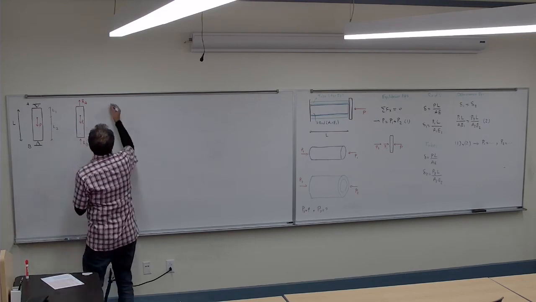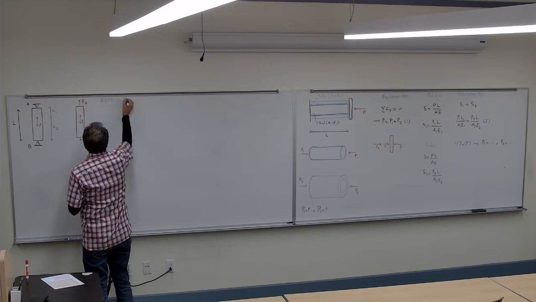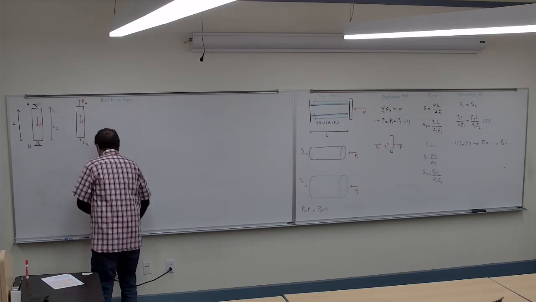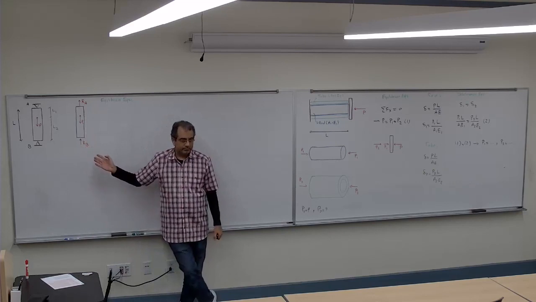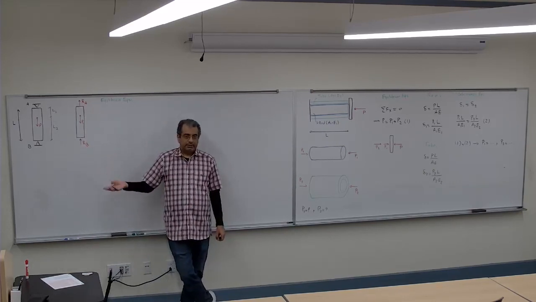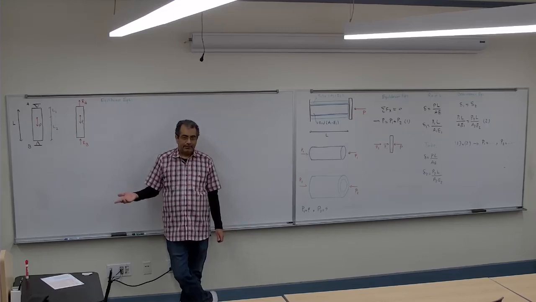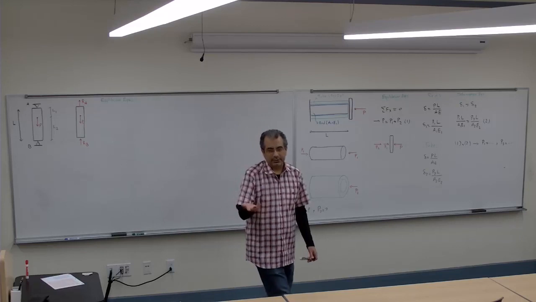So if I write the equilibrium equations, sigma Fx doesn't give me anything, correct? Sigma moment about any point doesn't give me anything either. The only equation that gives me something meaningful is sigma Fy.